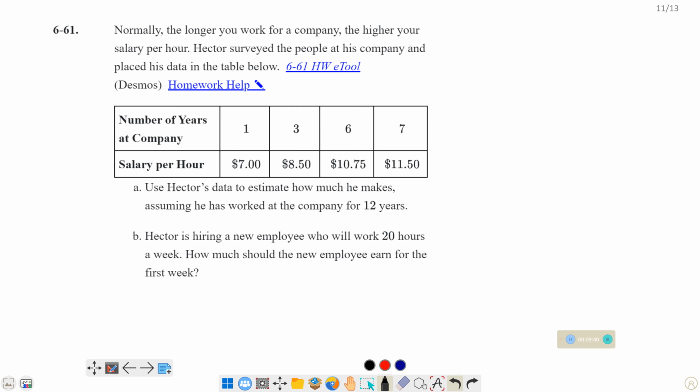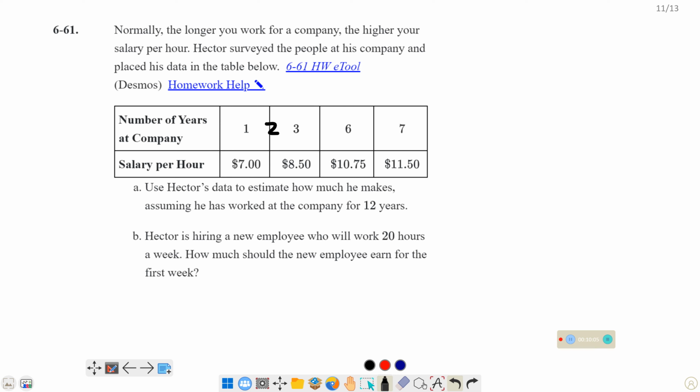Alrighty, we're going to go ahead and try problem 6-61. Normally, the longer you work for a company, the higher your salary per hour. Hector surveyed the people at his company and placed his data on the table below. So if you work 1 year for the company, you make $7 an hour.